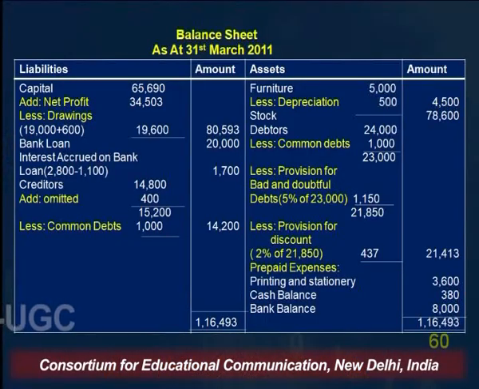So 1,000 will be deducted from the creditors and from the debtors, and this will be affecting the creditors on the liability side of the balance sheet. As you can see, common debts 1,000 is deducted from the creditors, and 1,000 from the list of the debtors is deducted on the asset side of the balance sheet.